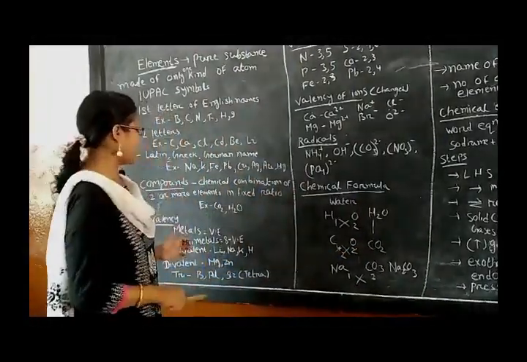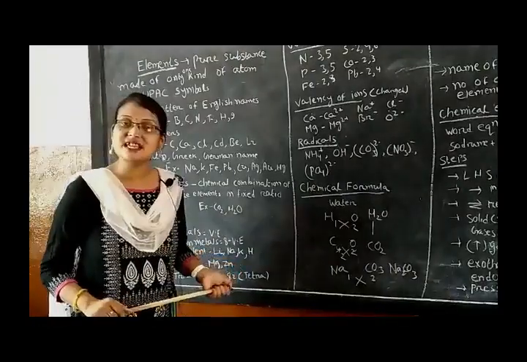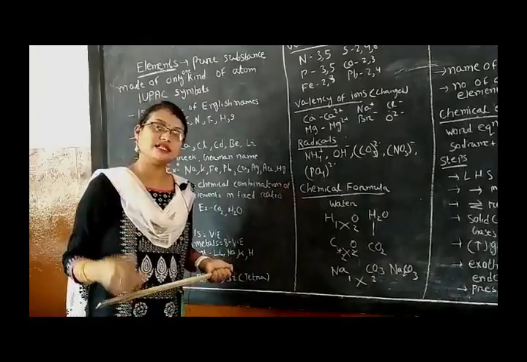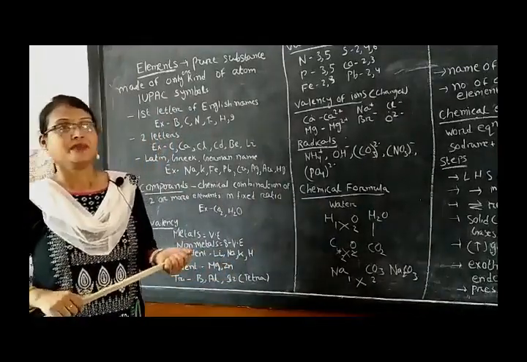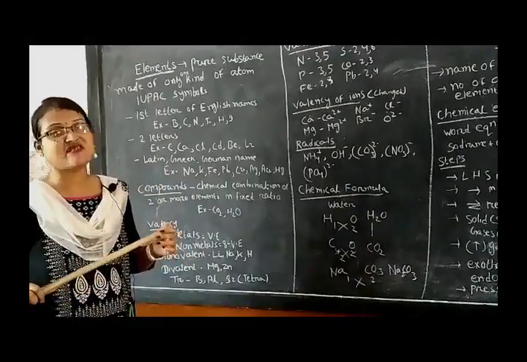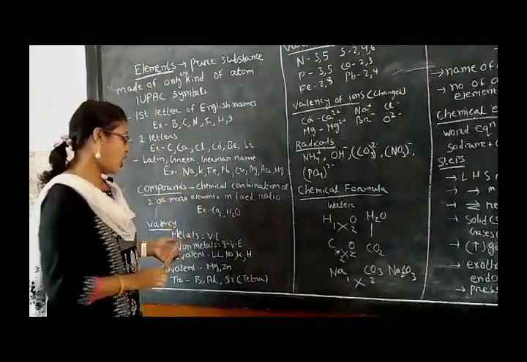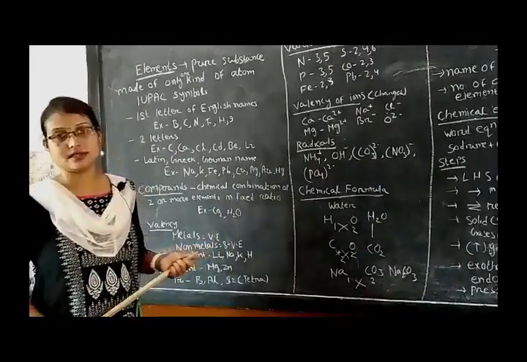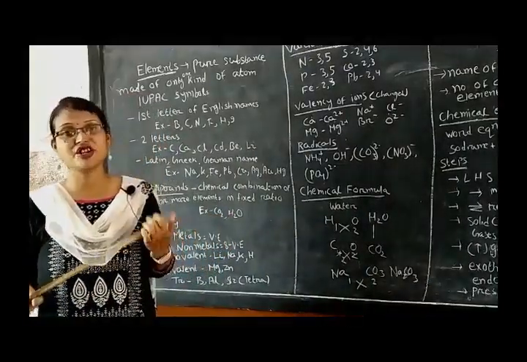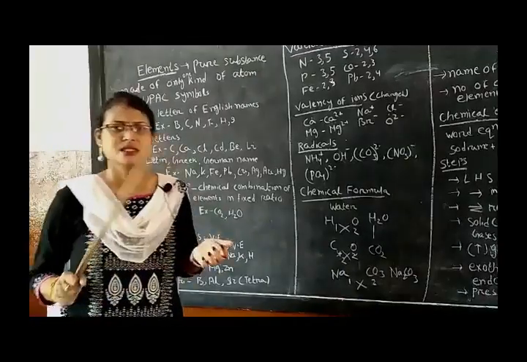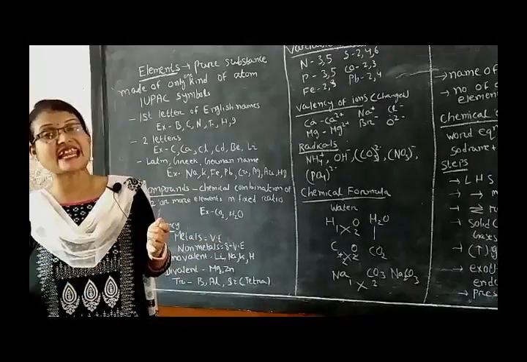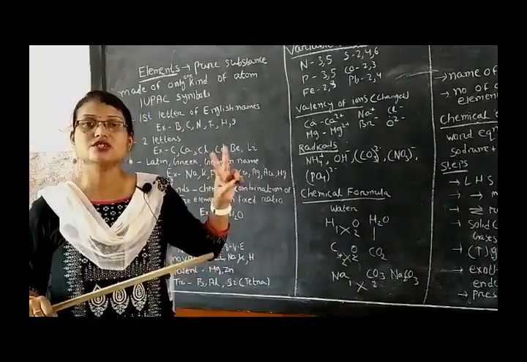There is a classification that for metals the valency is equal to the number of valence electrons. For sodium the valence electron is 1, its valency is also 1. For calcium the valence electron is 2 and its valency is also 2. But for non-metals, for example oxygen, the atomic number is 8 and the configuration is 2, 6. So the valence electron is 6, but its valency is not 6, it is 8 minus 6, that is 2.